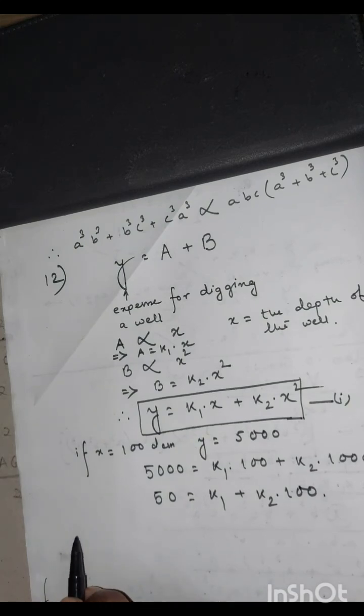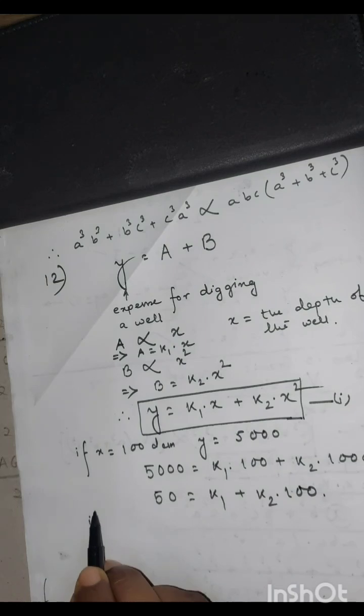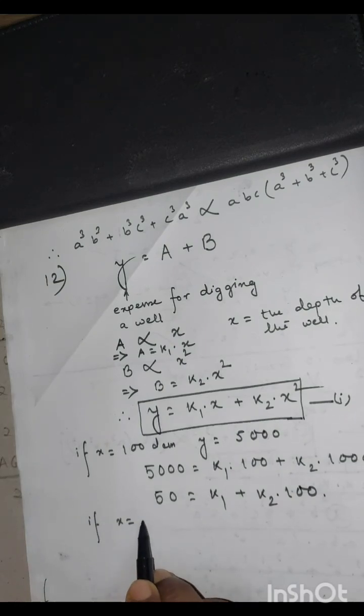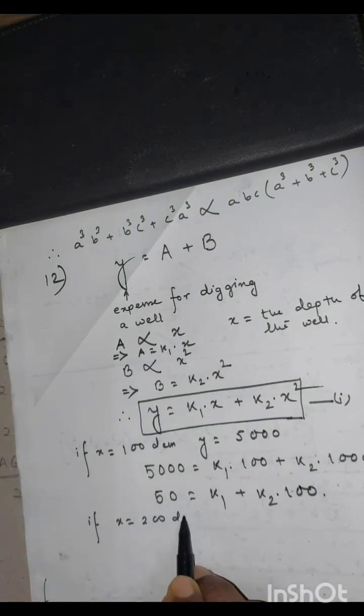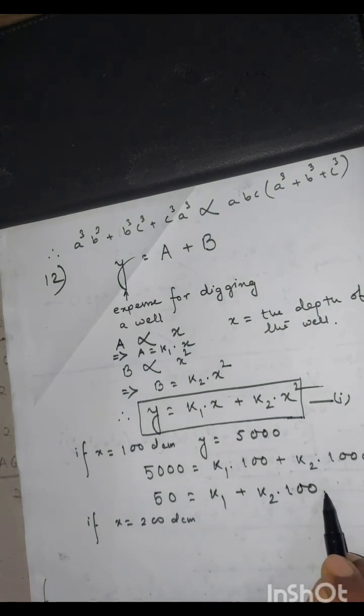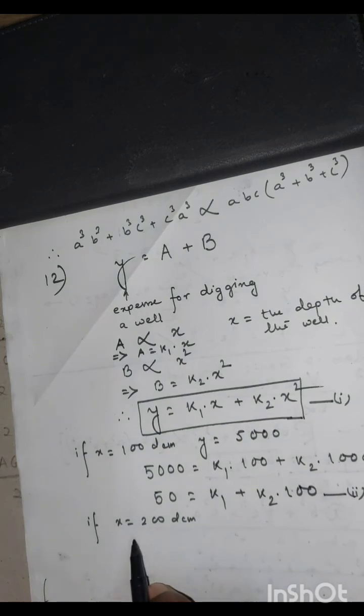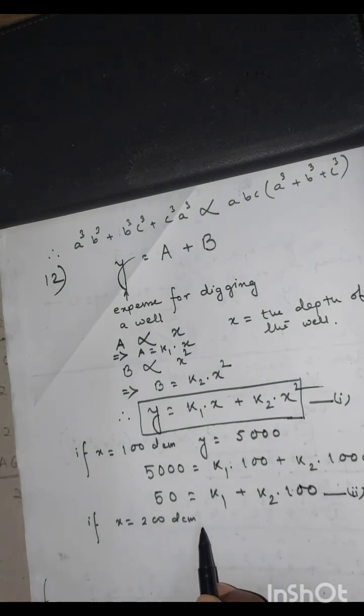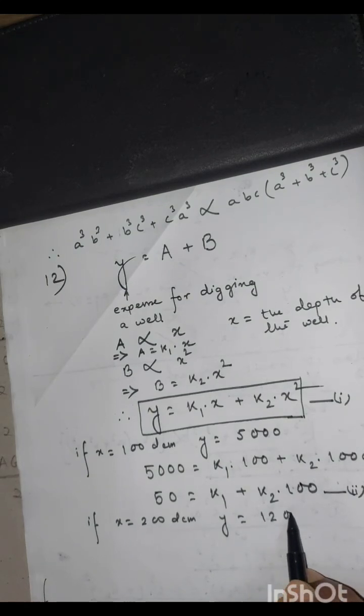Again, the second condition says if x equal to 200 dcm, so let us say this is our equation 2. If x is 200 dcm, y is 12,000.